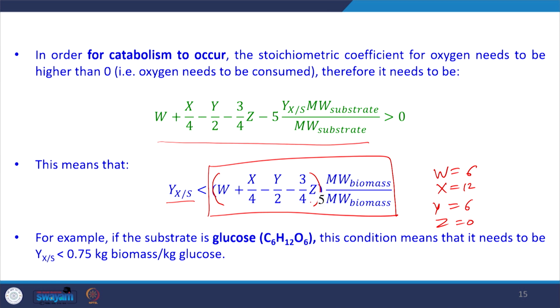So, if we substitute in this equation and write the molecular weight, there is some mistake, this is substrate by biomass, so this will be biomass by substrate. Under this condition we can find that the value of Y_X/S is less than some value, and that value is 0.75 kg biomass per kg glucose. So, that means the upper limit of growth yield for this particular reaction is 0.75.